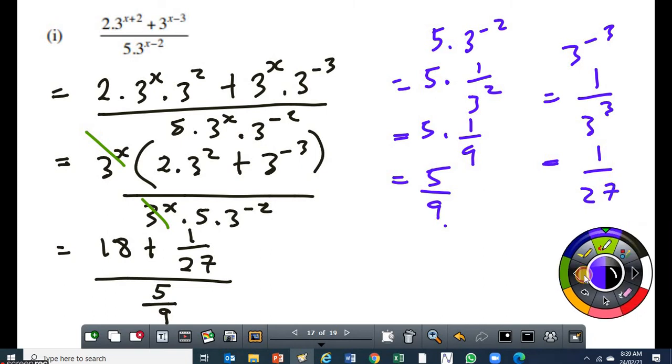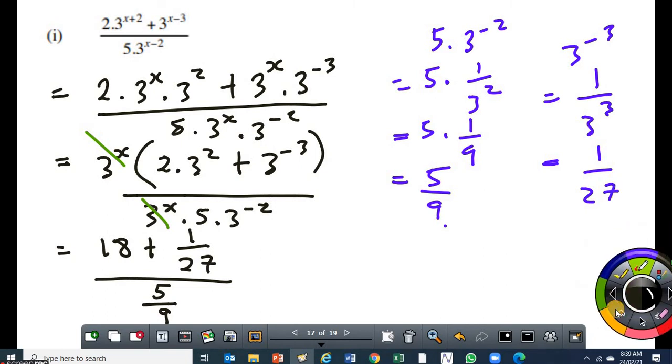Then, once you get here, no need to get confused. 18 is a whole number, plus 1 over 27. That will give you 18 and 1 over 27. Okay? All over 5 over 9.